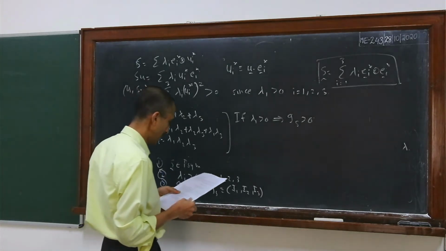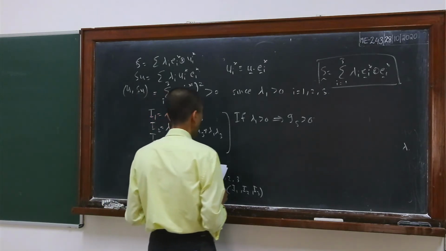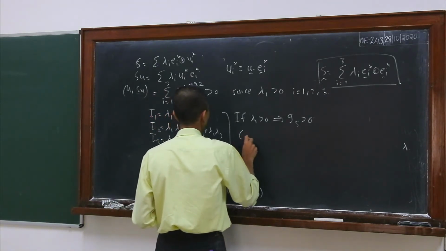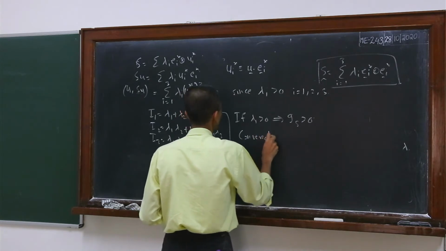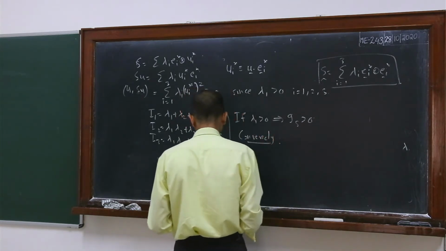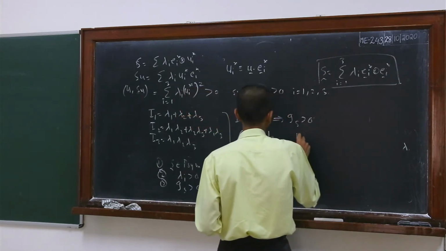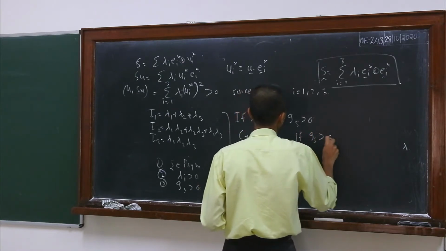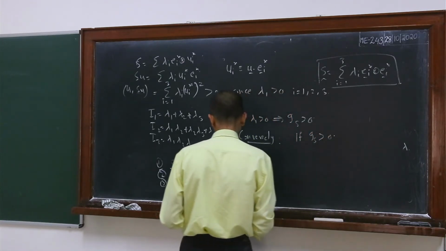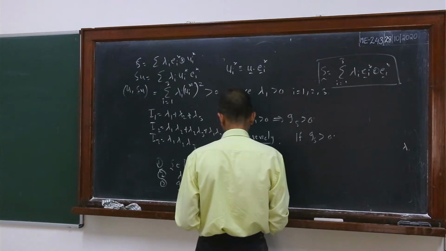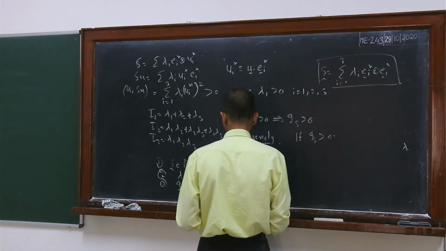Conversely, if I of S is greater than 0, we want to show that the lambda_i's are positive.